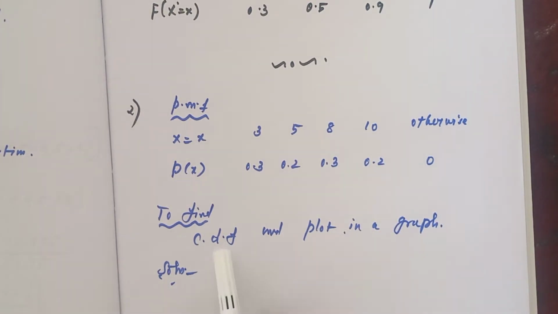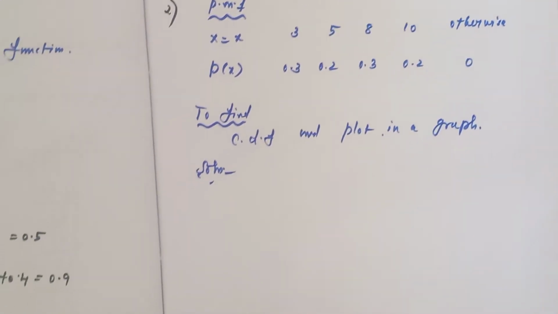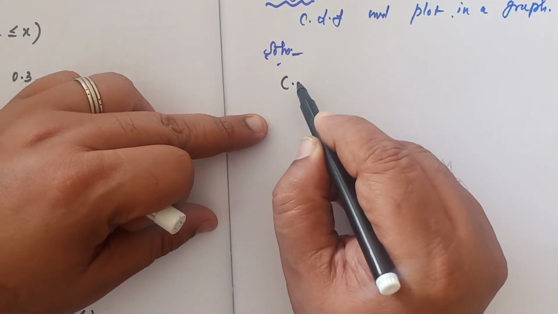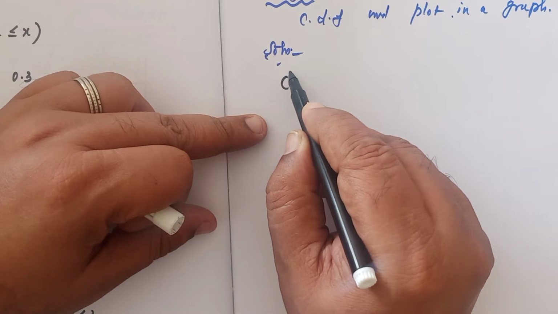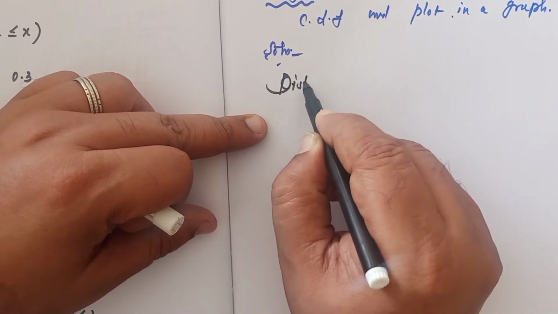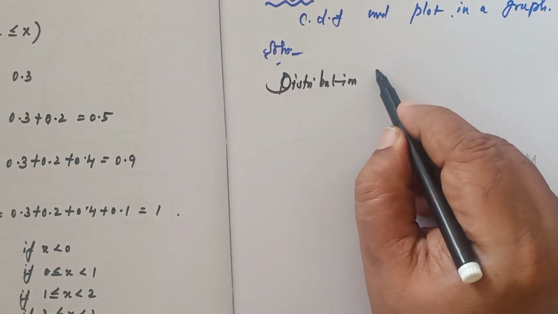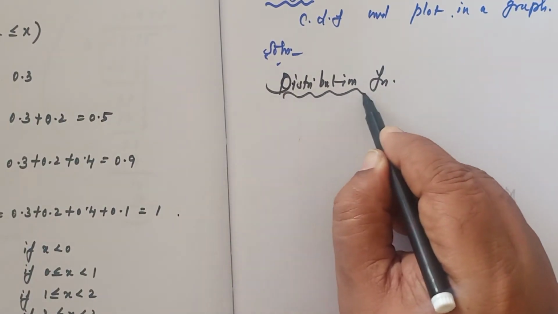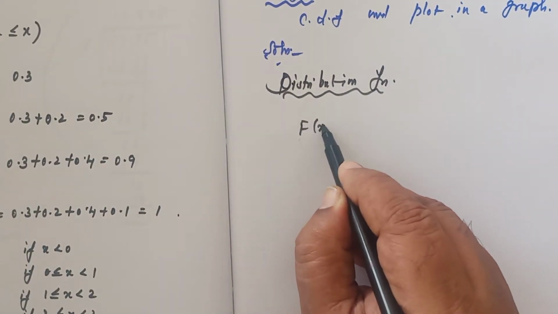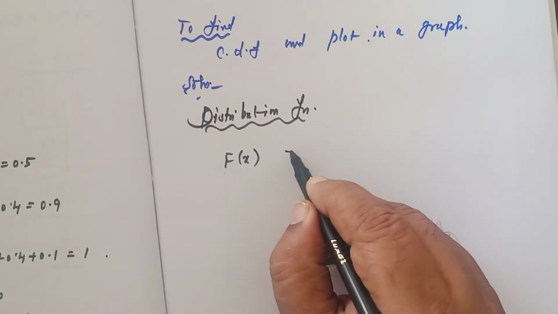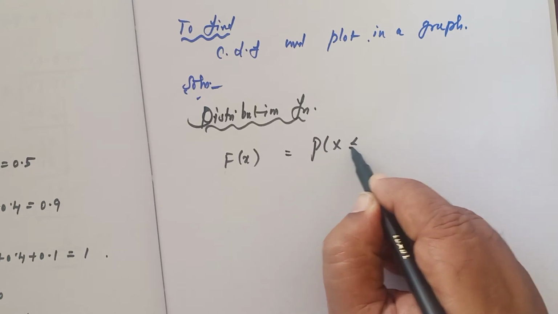Then how do we find the cumulative distribution function? Listen. For the cumulative distribution function, you first write the distribution function, that is capital F of x, equal to probability of X less than or equal to x.